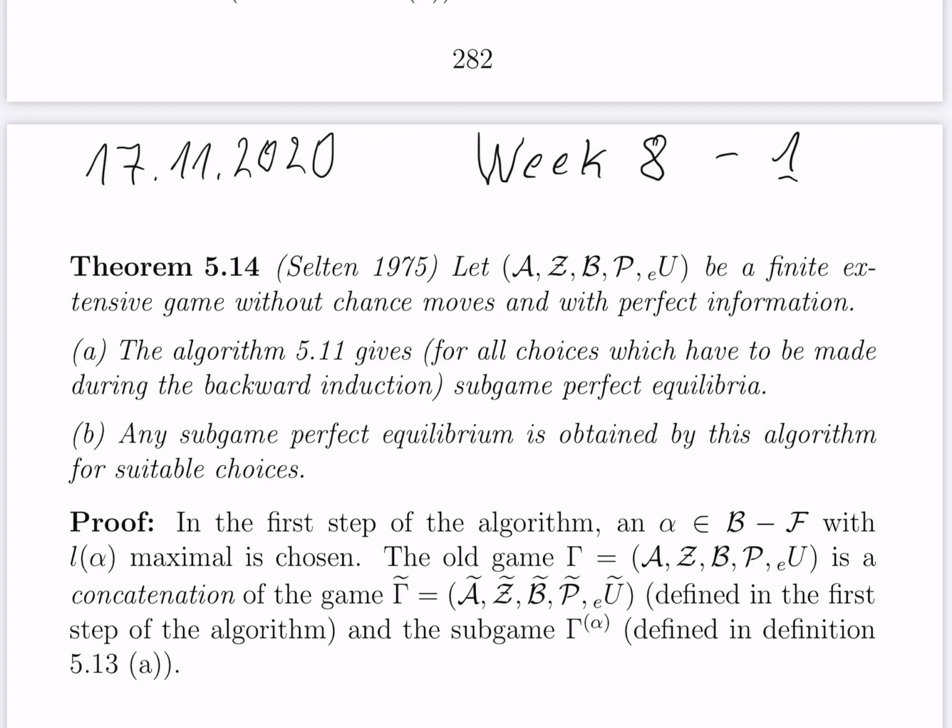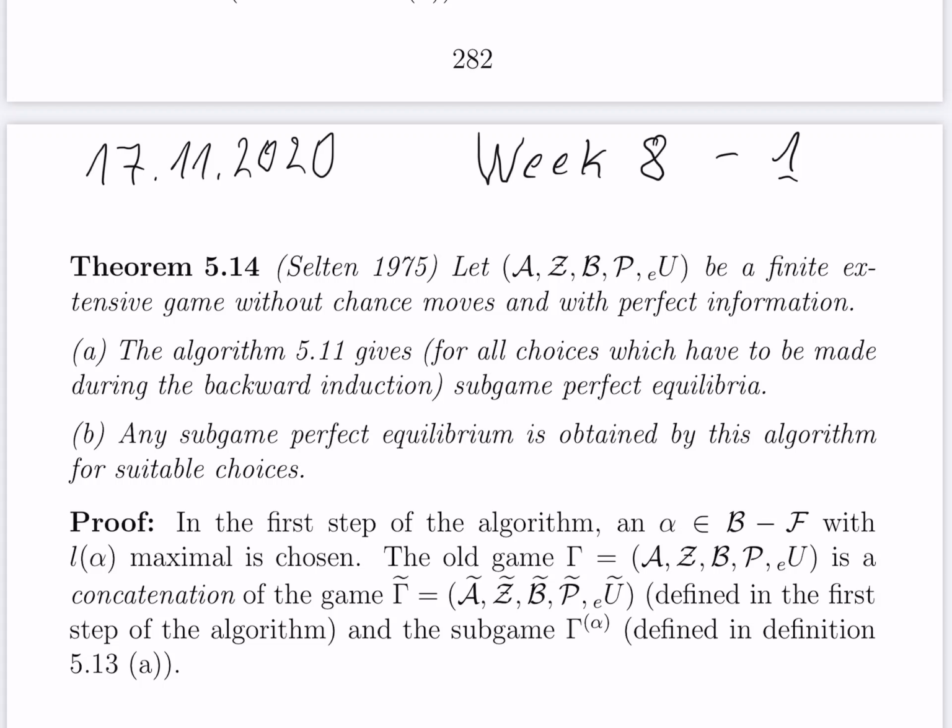So Selten considered a finite extensive game without chance moves and with perfect information, and he studied the backward induction, which gives certain strategy combinations of the associated game in normal form, and he characterized these strategy combinations. It turns out that they are precisely all the subgame perfect equilibria.